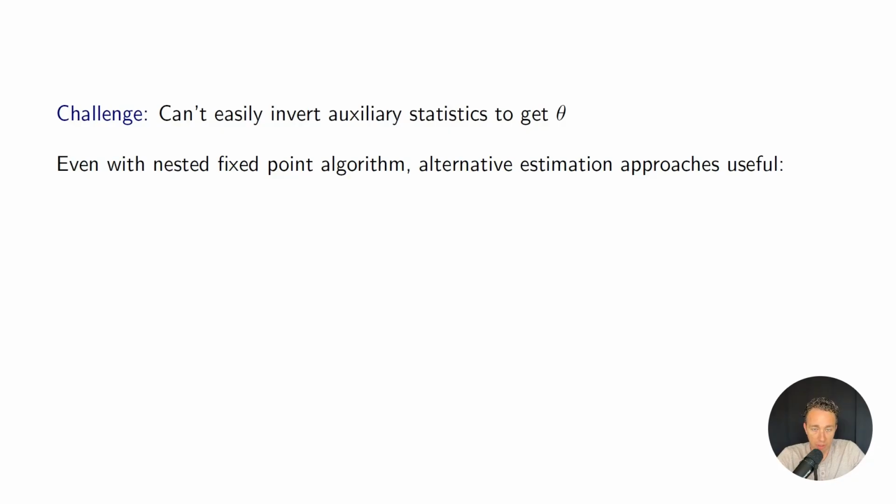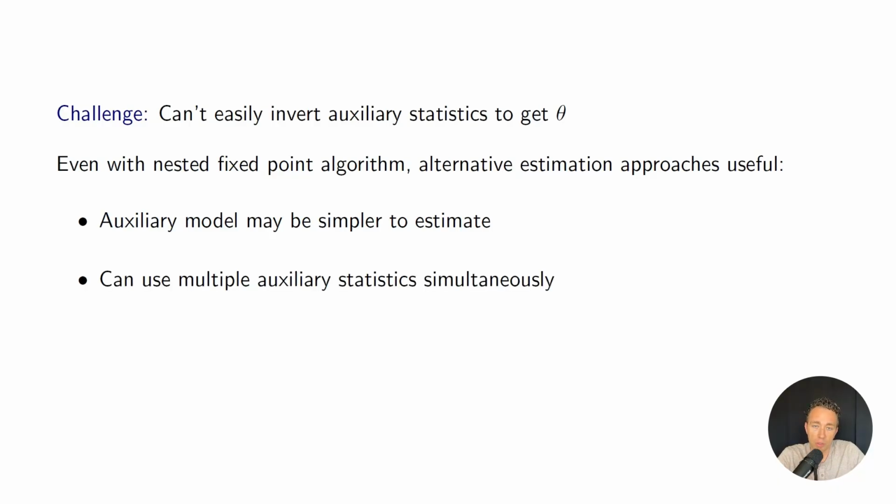We could also consider some other estimation approaches as well, besides a likelihood-based approach. The idea here is that the auxiliary model is much simpler to estimate than the structural model. And so I can use a lot of simultaneous auxiliary statistics. I could look at different moments of the relationship between, what's the average mileage at which a bus is replaced, so on and so forth.